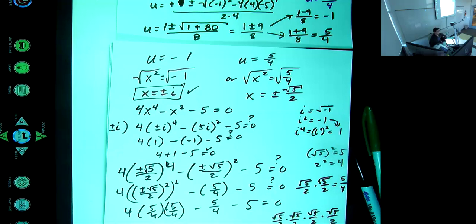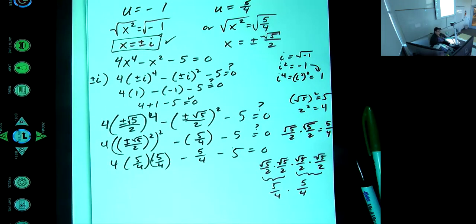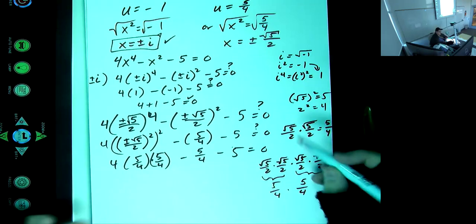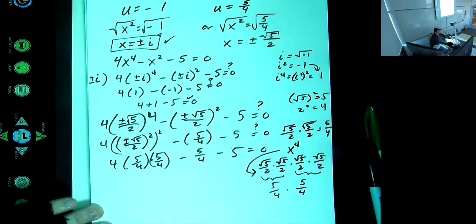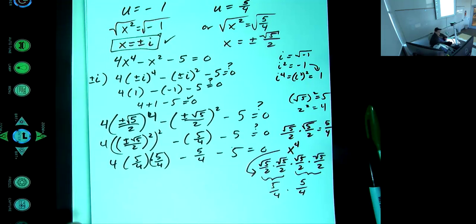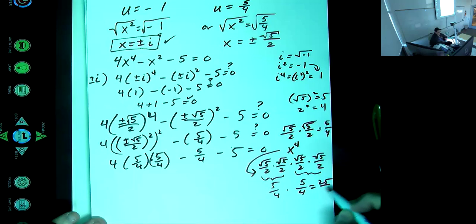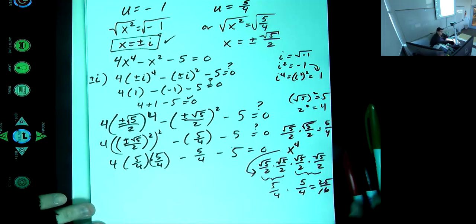That's what to the 4th power means. But this is a 5/4, and this is a 5/4. So this is the x to the 4th part right here, when I plug in the square root of 5 over 2. And I could multiply them together and get 25 over 16, but that's not going to be as helpful as leaving it in the substep. Is everyone better with that?